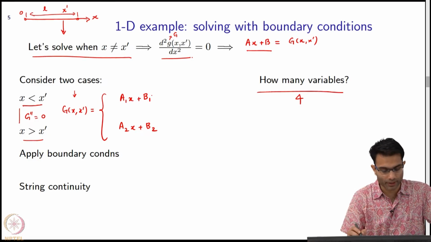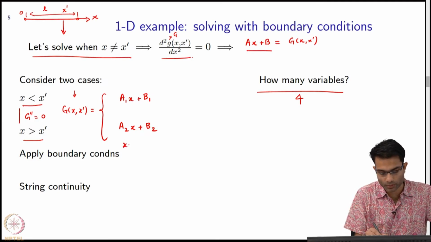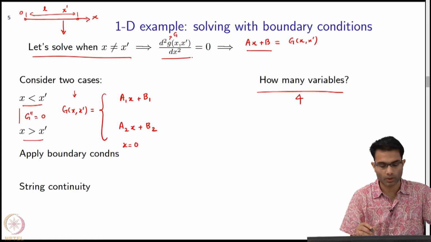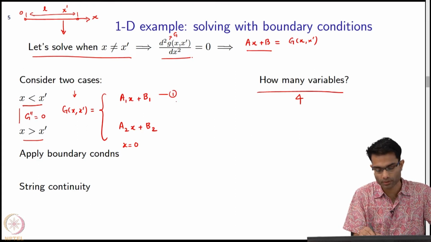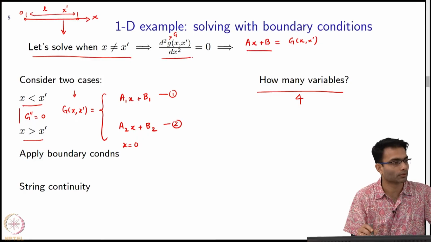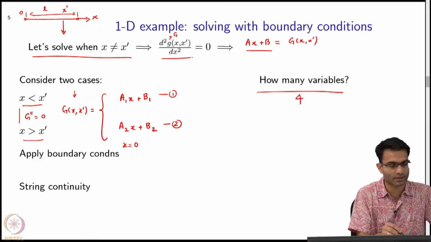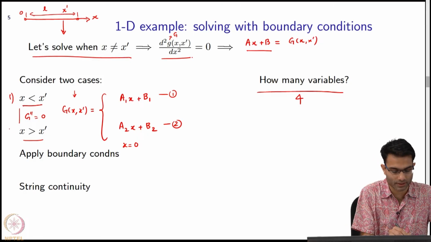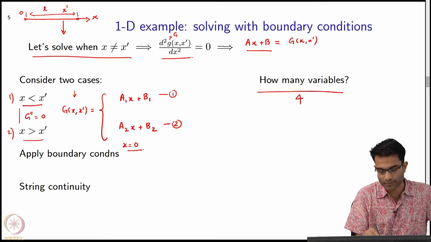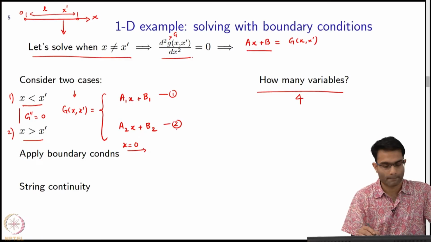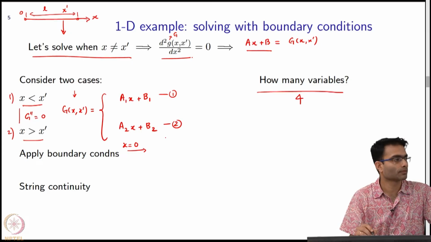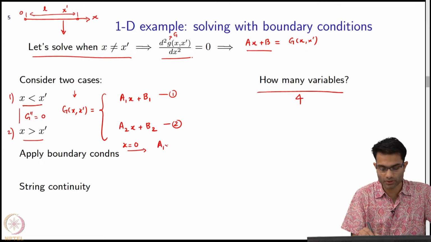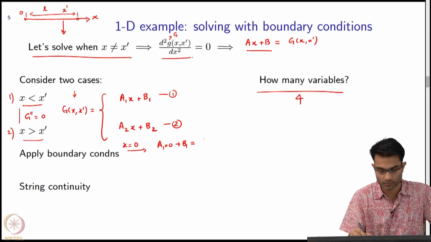So, the first boundary condition we can apply is at x is equal to 0. So, I will choose equation 1, right, x equal to 0 comes in the first case, right. So, this is the first case, this is the second case. So, what does that tell me? What does it mean? A1 into 0 plus B1 is equal to 0.